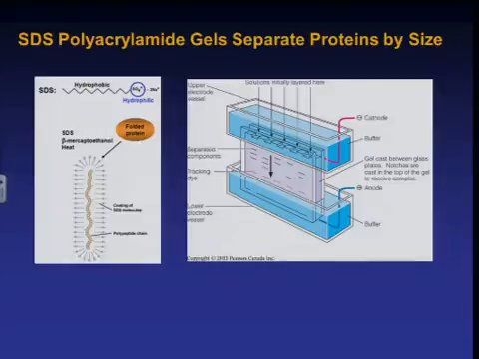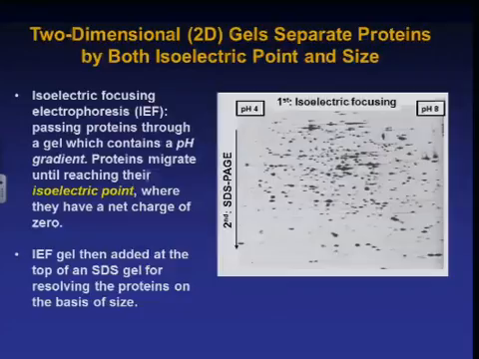You give them such a high amount of negative charge by the amount of SDS that binds that, for all intents and purposes, the system doesn't recognize the differences in the charges. So the final parameter they're separated on is size. As you run these through, the large proteins will run higher up in the gel, and the smaller proteins will move faster through the gel.